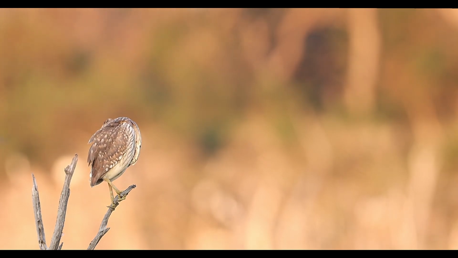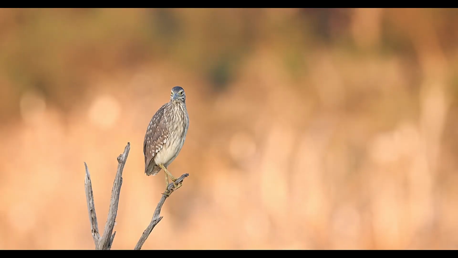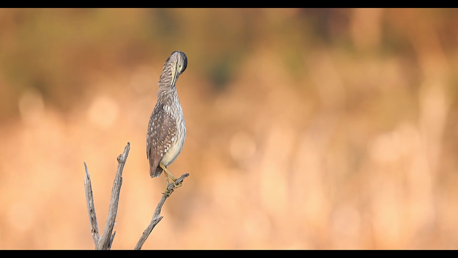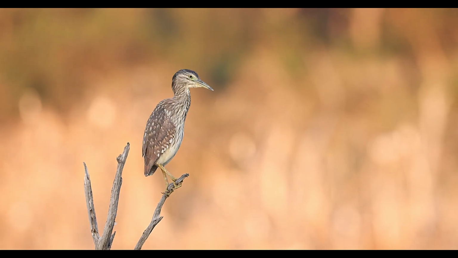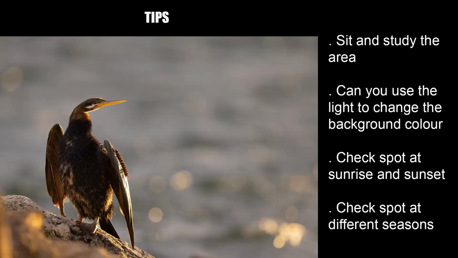There was the immature and the adult, and then there was a younger one, and I was really keen to get these photos. So I just sat down and looked around. I noticed that one side was in shade and the sun hadn't come up, so the whole area was a grey colour.